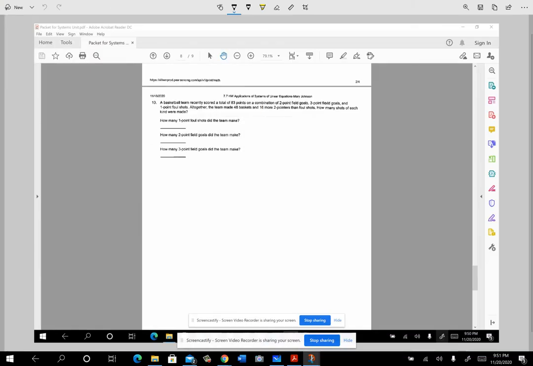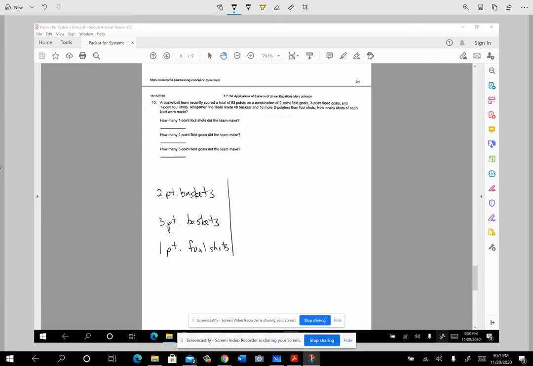Now this one's a little different because we have 3 items. So we have 2-point field goals, I'll say 2-point baskets. Then we have 3-point baskets. And then we have 1-point foul shots.